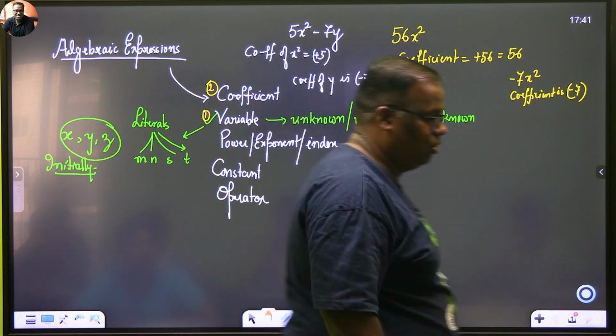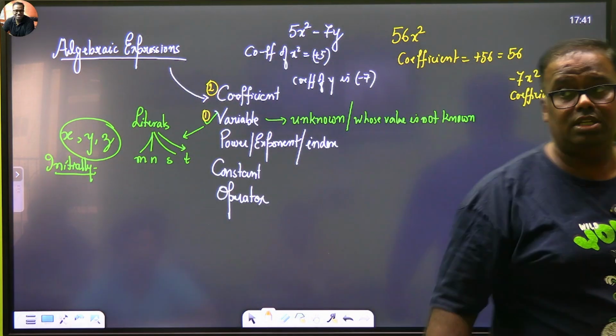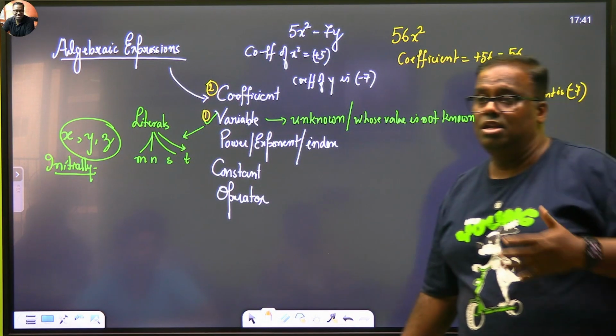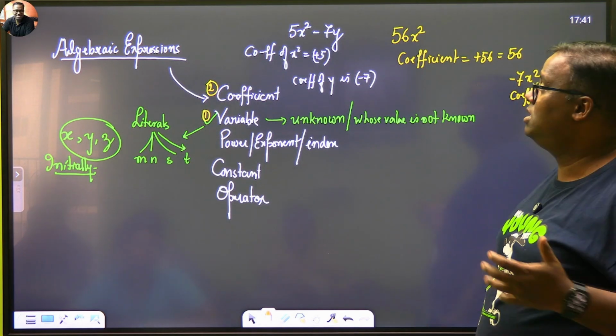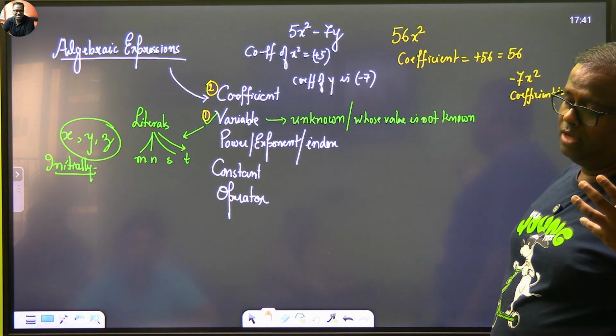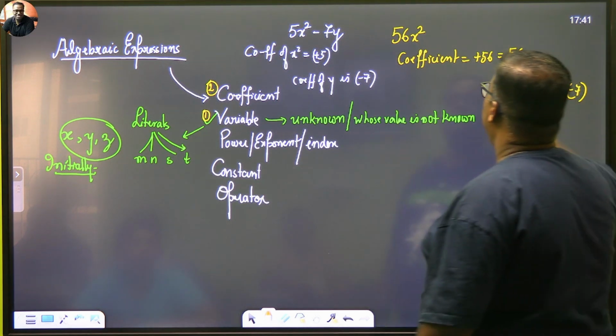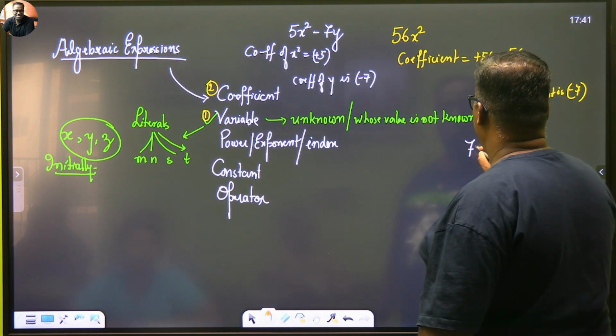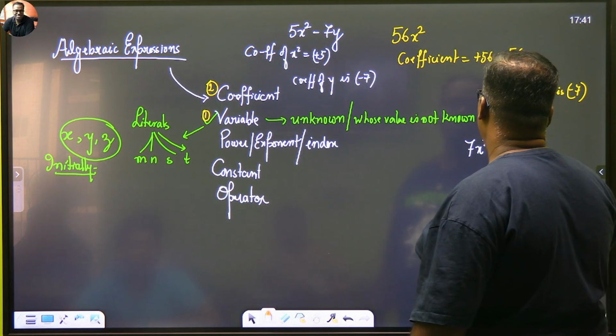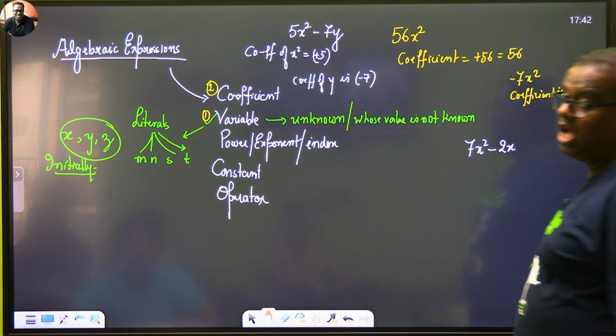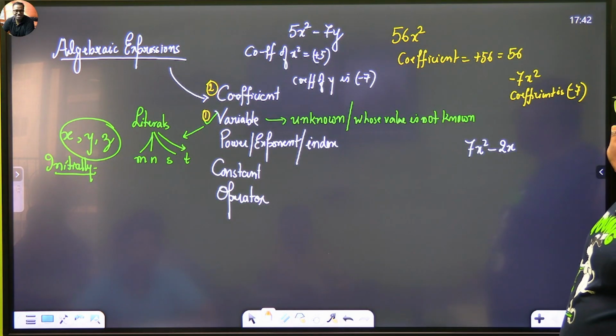Have you understood? Coefficients' significance comes once the variable has been ascertained. Let's see one more example. Say I have something which is 7x squared minus 2x. How many variables do you see here? One variable. Variable is always x.